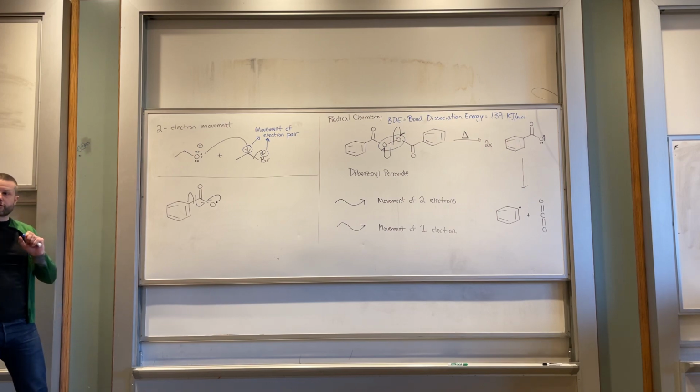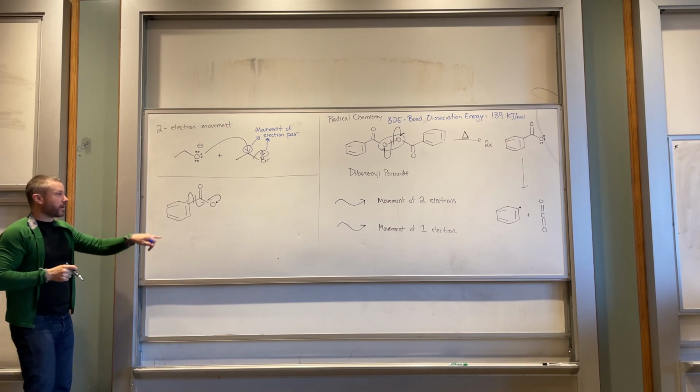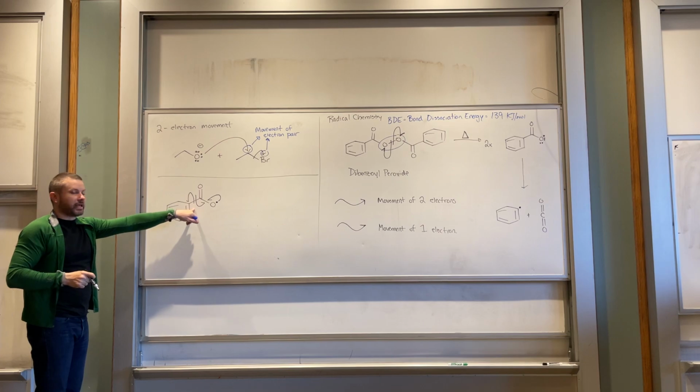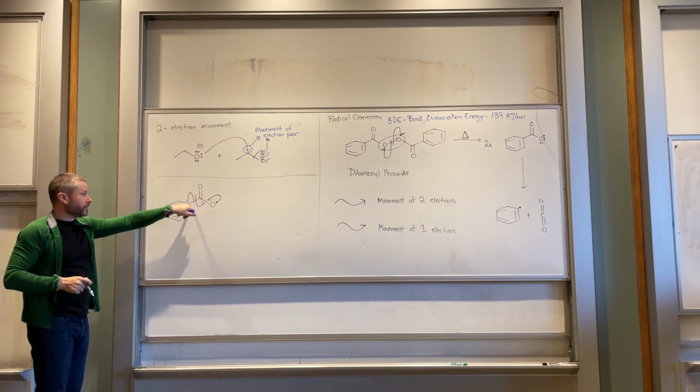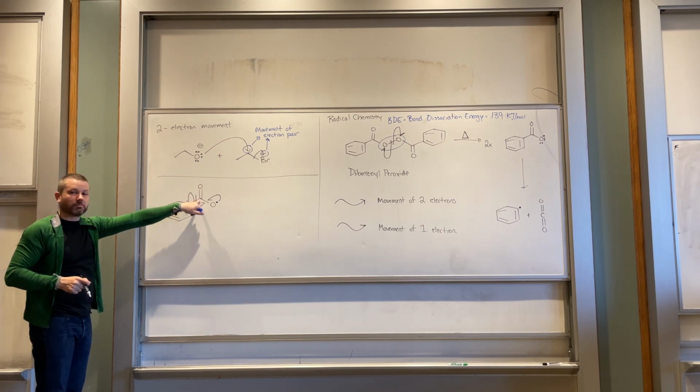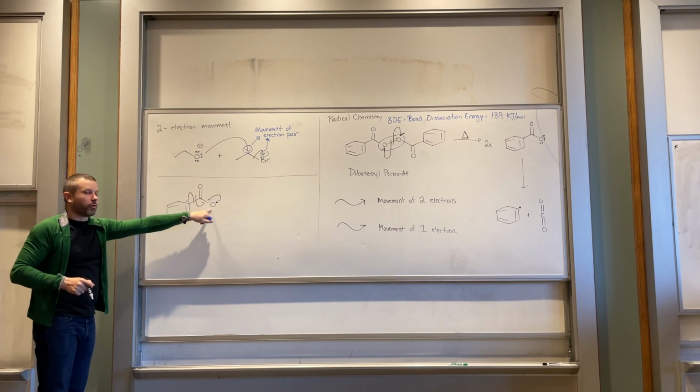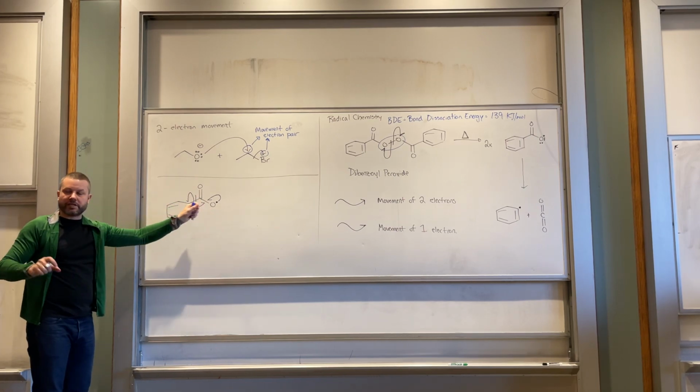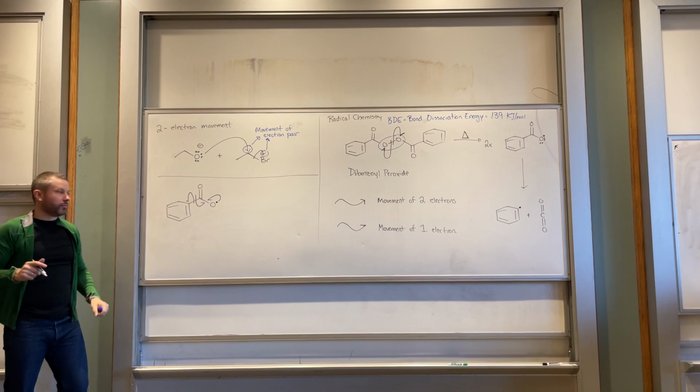Okay, so we would show three separate single fishhook arrows, right, to explain how these electrons are moving, because we have two electrons in the carbon-carbon sigma bond, right, and then one electron on oxygen, and we need to show how all three move.